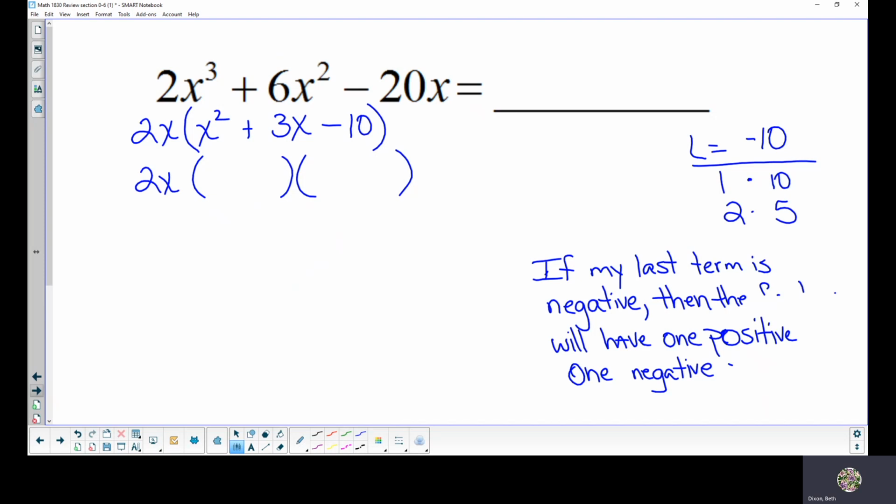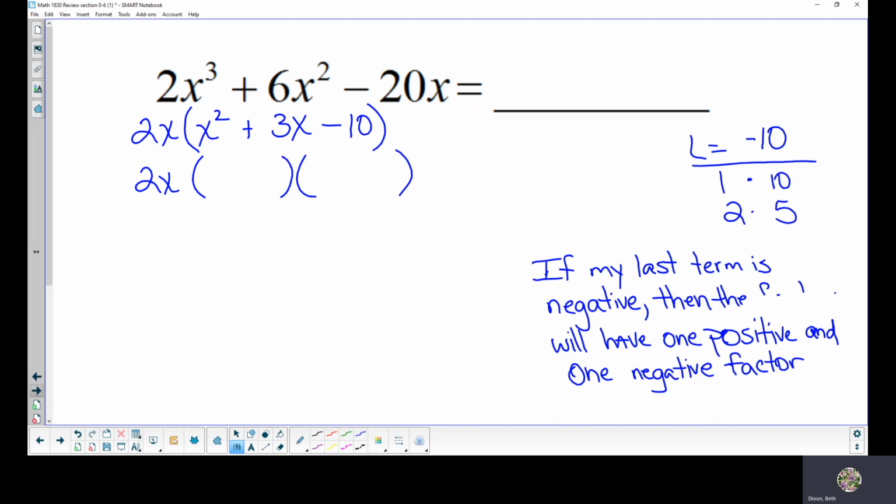Yes, I noticed positive was misspelled. So let me fix my spelling there. I never claimed to be a spelling master. Okay, so I have to fix the signs, okay?